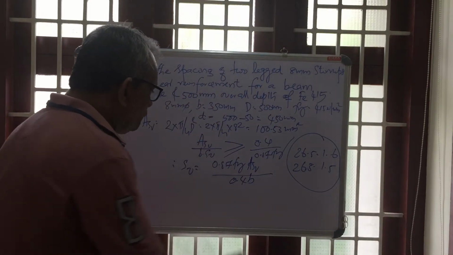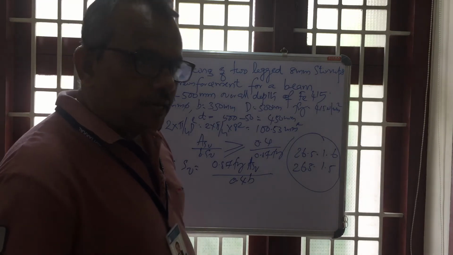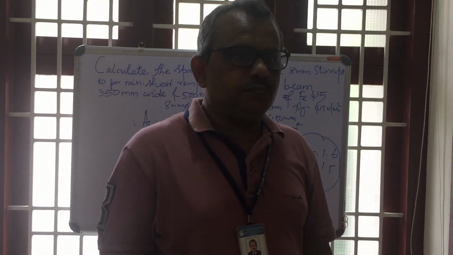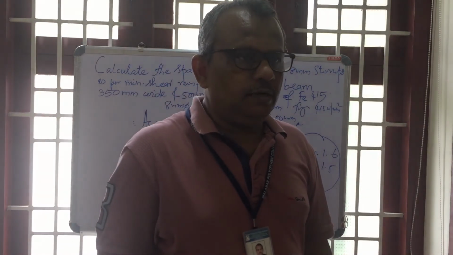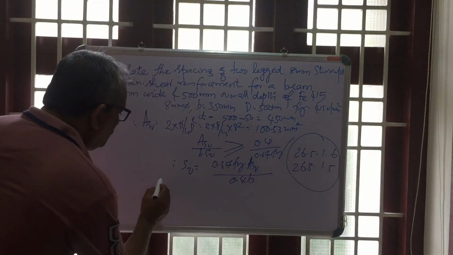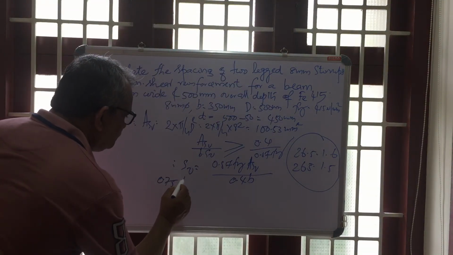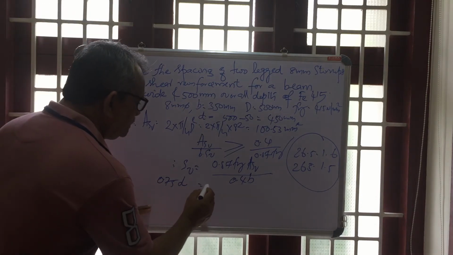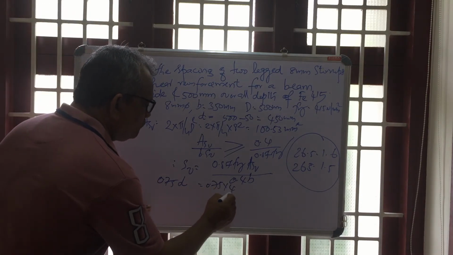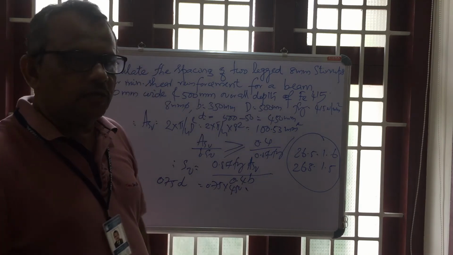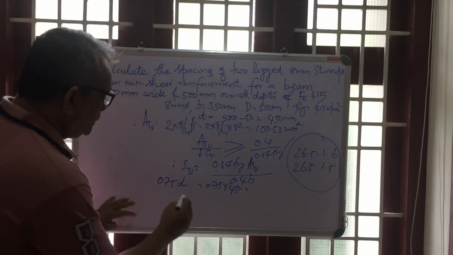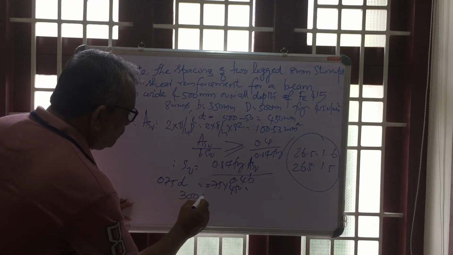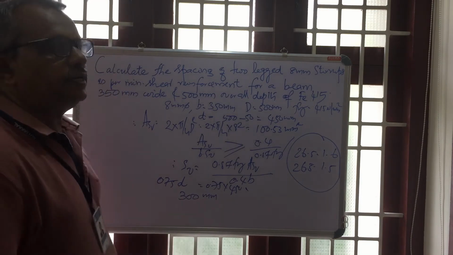Using this formula we get Sv, and again as per the code data, we have to find 0.75d, where d is the effective depth. That is 0.75 into 450, find out that value. And also the maximum spacing should not be more than 300 mm.